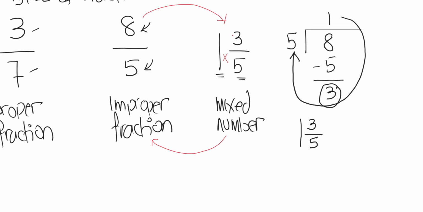You take the product, you add it with the numerator. So 5 plus 3 is 8. So the numerator becomes 8 and the denominator remains as 5. Remember, the denominator will not change because that represents the number of parts you have divided something into. That would not change. Make sense?